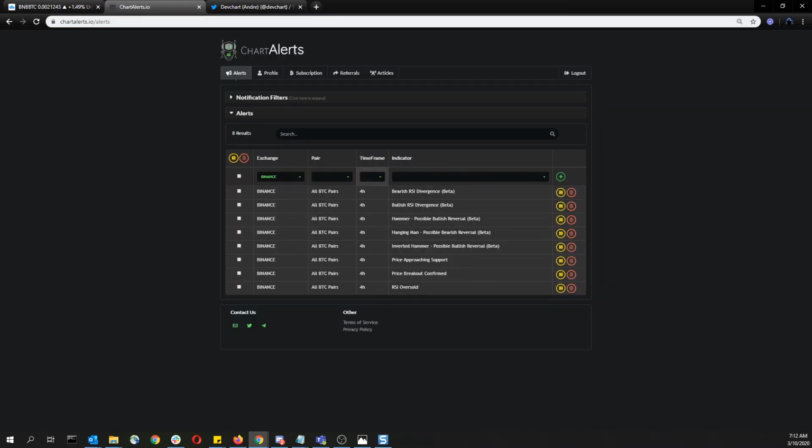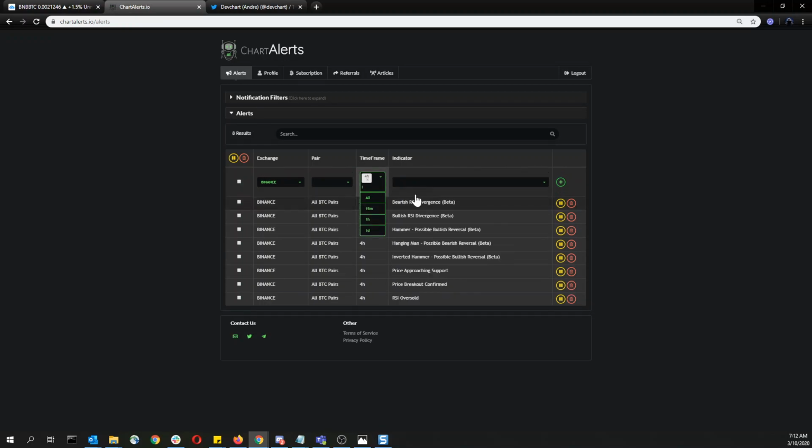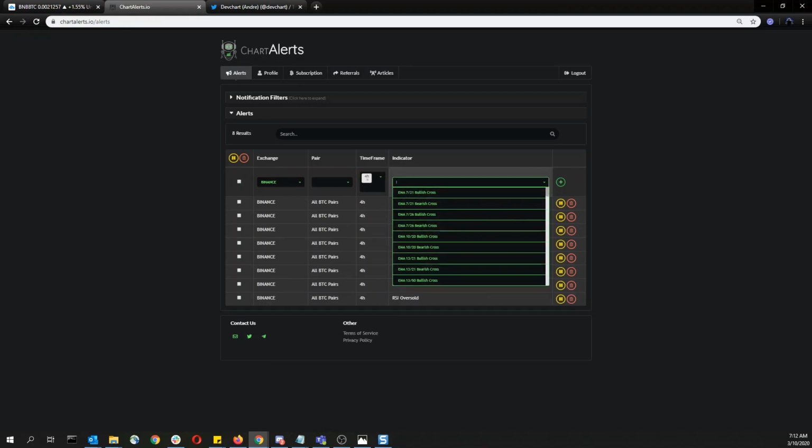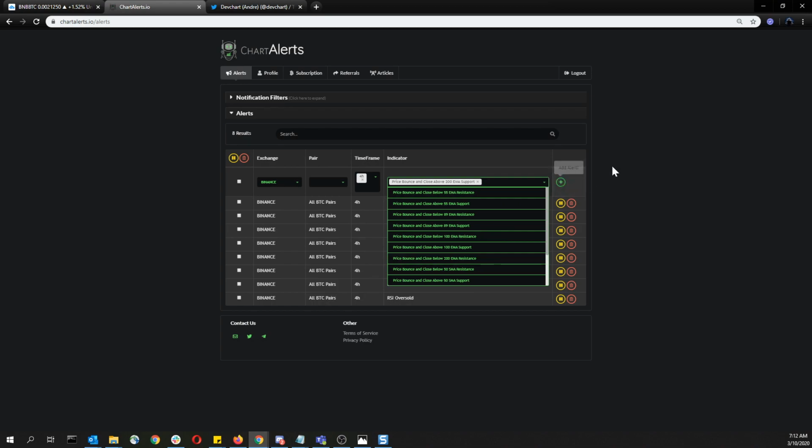Oh yeah, and I also forgot for the 4-hour, EMA, so price bounce. I also like to use the price bounce and close above the 200 EMA support.